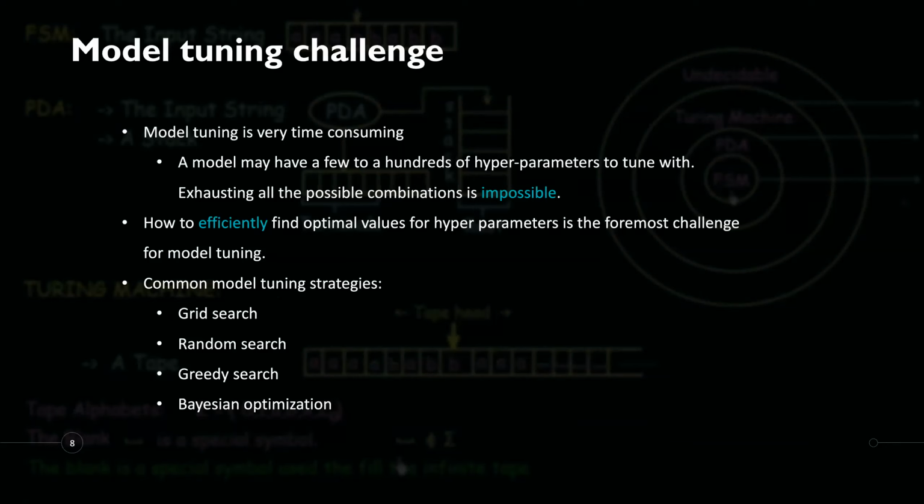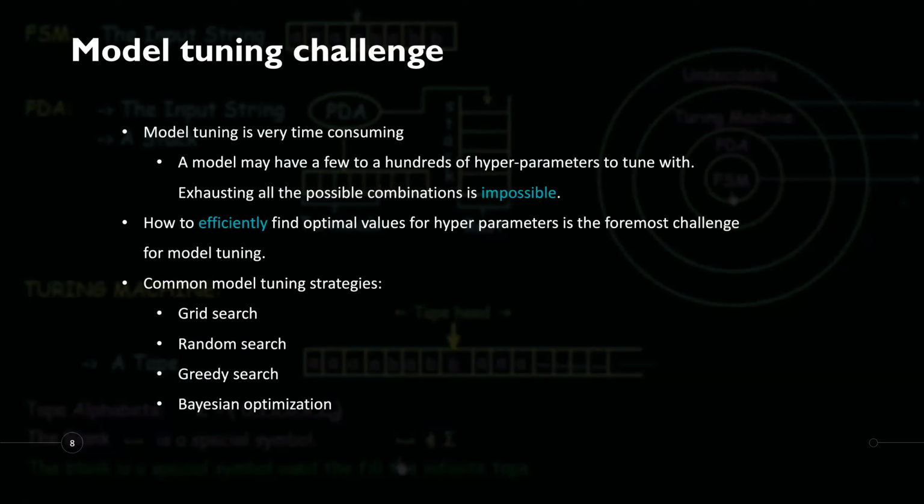The biggest challenge is that there are infinite combinations of hyperparameter values, but we only have limited computation resources. Therefore, it's impossible for us to exhaust all the possible combinations. So how to efficiently and effectively find the optimal values for those hyperparameters is the foremost challenge for model tuning.